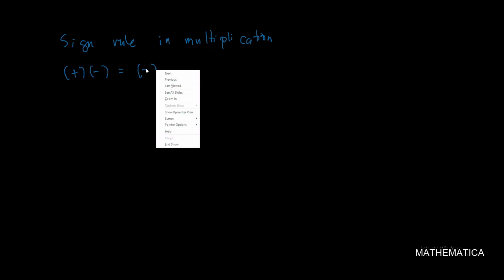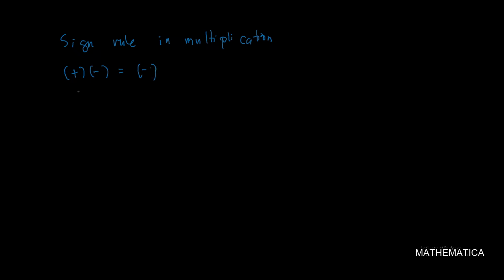When we say sign rule in multiplication, when you multiply two unlike signs, meaning they are not the same, you have one positive and one negative, the product is always negative. When you multiply two like signs, let's say positive multiplied by positive, the product is positive.